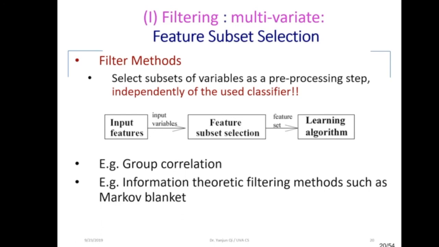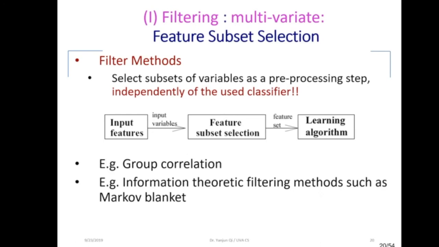The multivariate filtering approach is actually a lot harder compared to the univariate-based approach. Because in the univariate-based approach, what you do is really just a single feature versus the y, and the cost is just a pairwise calculation, an O(p) operation.